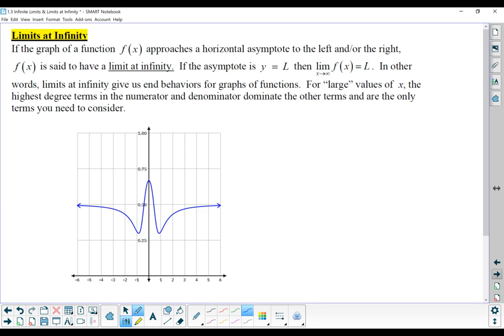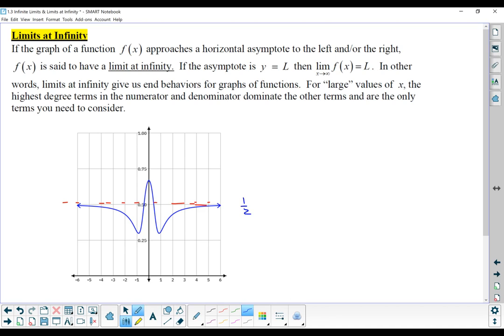So I have kind of a little graph example right here. This is a rational function. It has some end behavior here on the left-hand side and the right-hand side. It's approaching 1/2. If you look at the scale there, that's 1/2. The red makes it look like a negative 1/2.